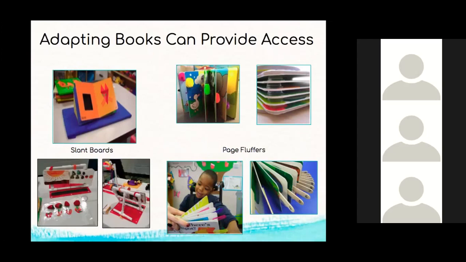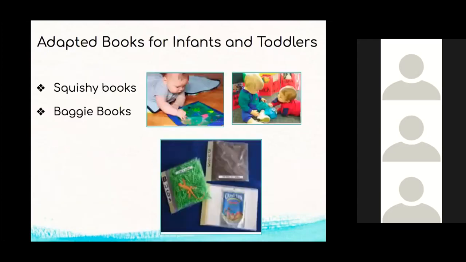For our young kids, we can make squishy books with hair gel and objects put into a really heavy duty plastic bag, reinforced all the way around with duct tape. That makes a really great squishy book.